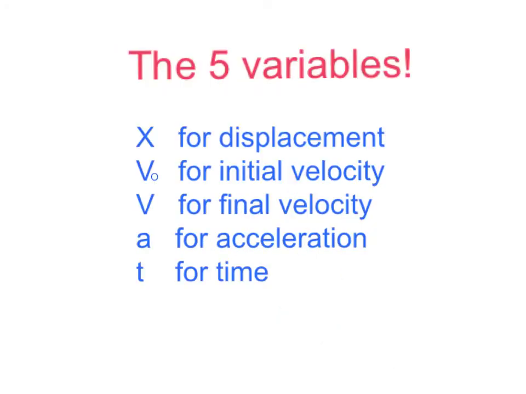Before we start looking at the equations, let's talk about the 5 variables that exist within the kinematic equations. These 5 variables are x, which represents the displacement of our object, v naught, or our initial velocity.